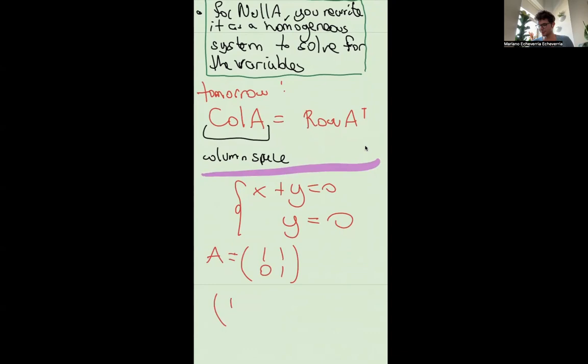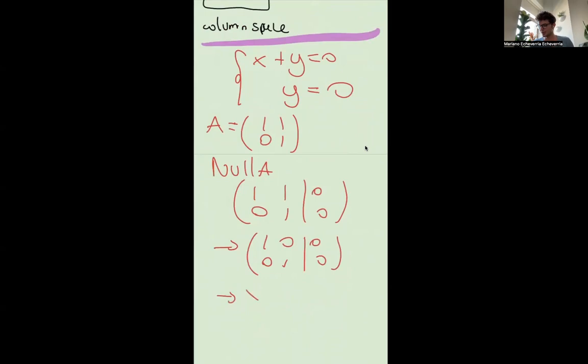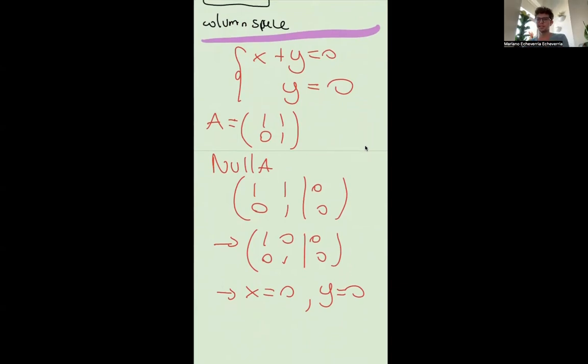So if you look at the null space for this one, it's the same as 1 0, 0 1. So that just forces x equals 0 and y equals 0. What happens here is that both the rows and the columns of the matrix were linearly independent. So the basis for the null space in this case is 0 0, right?